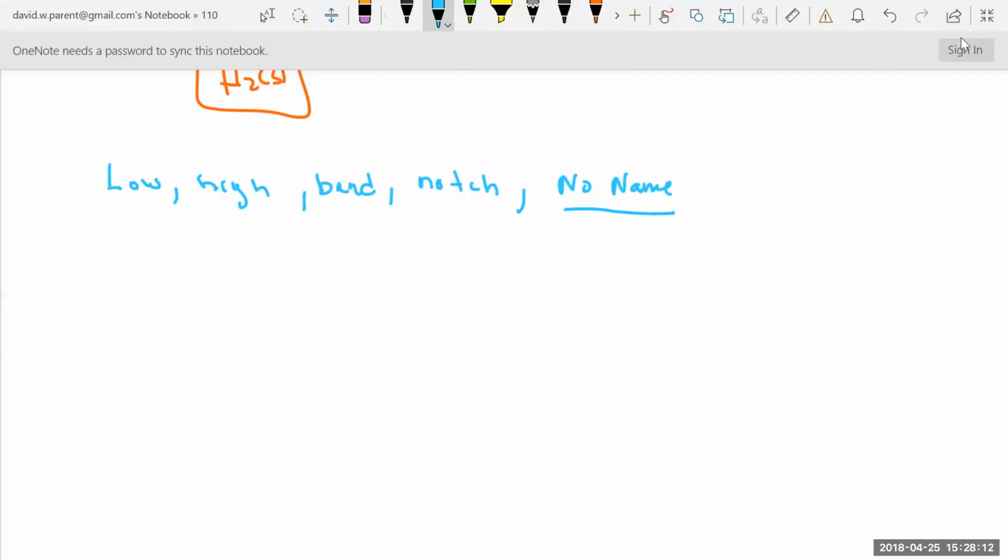But you've kind of got to look at it and say, oh, that's a low, that's a high, that's a band, and that's a notch or not. Because, let's maybe just take an easier example.